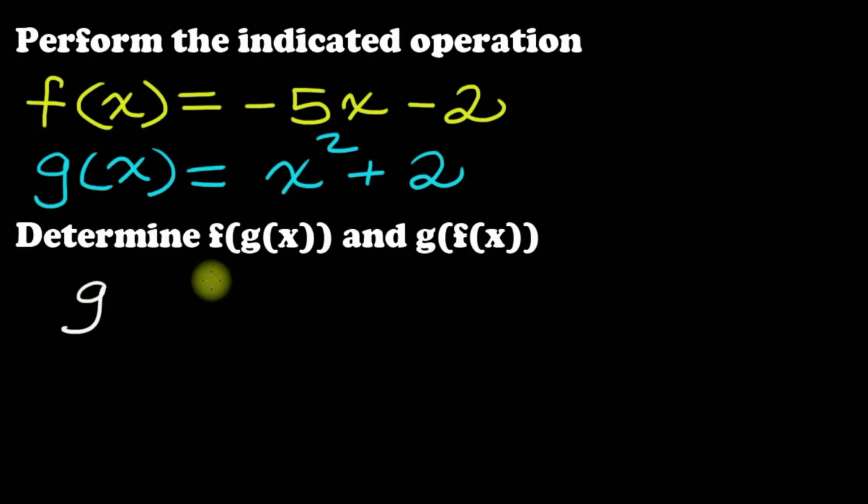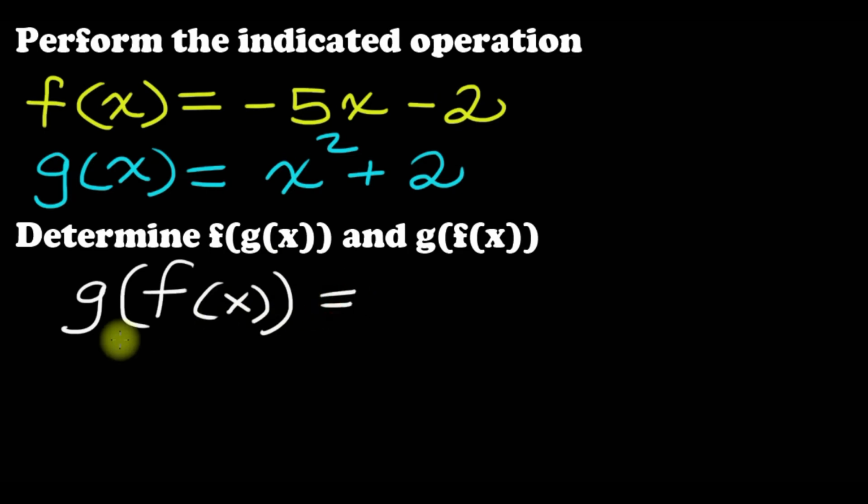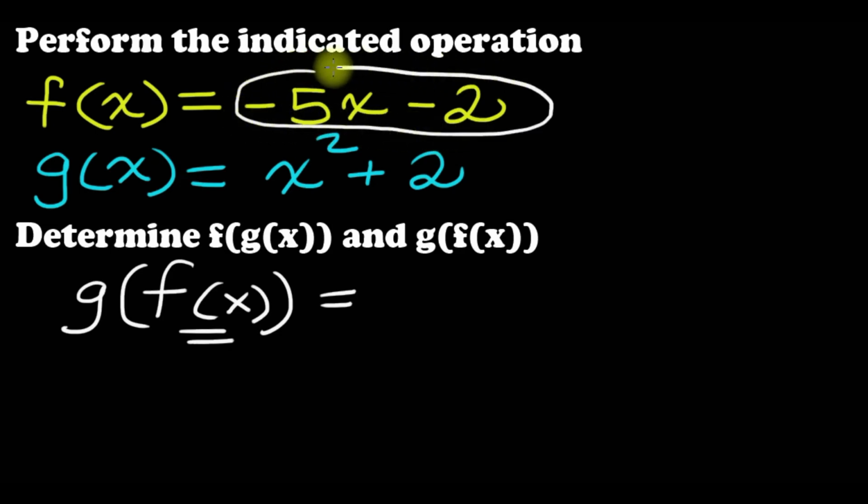So the other one is g of f of x. So again, think about this as g of x. So the x of the g of x is where we plug in f of x. So we take f of x and plug it into the x of the g of x.